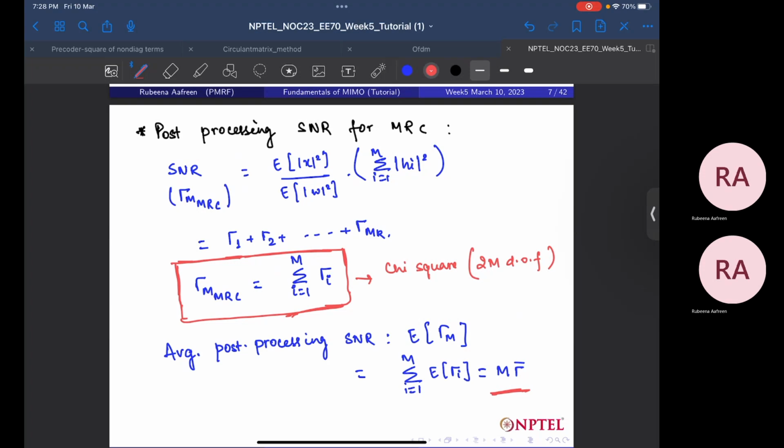But if you have been given the average SNR of each branch, okay, please note this down, because this is generally asked in the exams, that what is given to you. If average power for each link is given, then you can easily calculate the average post processing SNR. So always mind if you are asked the post processing SNR only or the average post processing SNR. Okay, so this is there.